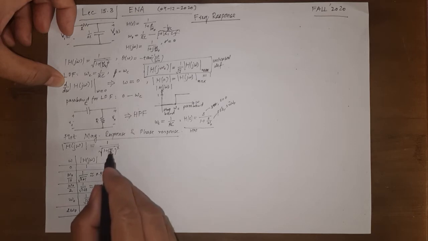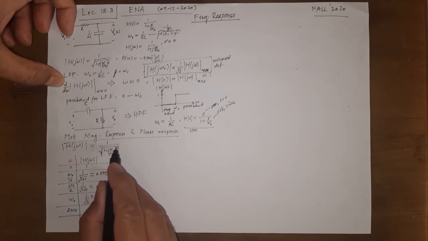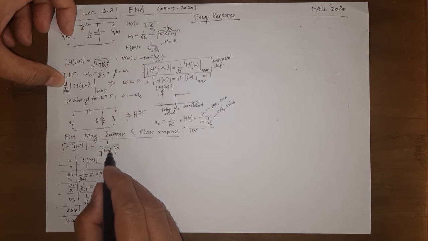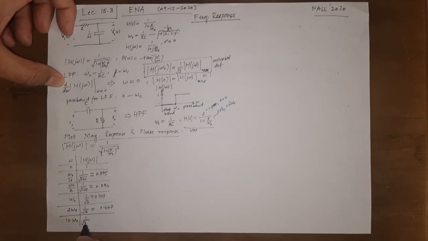We have 2 here, 2 squared is 4, and 1 over square root of 5 would be about 0.447. What about 10 times omega naught? 10 squared is 100, and 1 over square root of 101 would be about 0.099, and so on. You can take up other values.